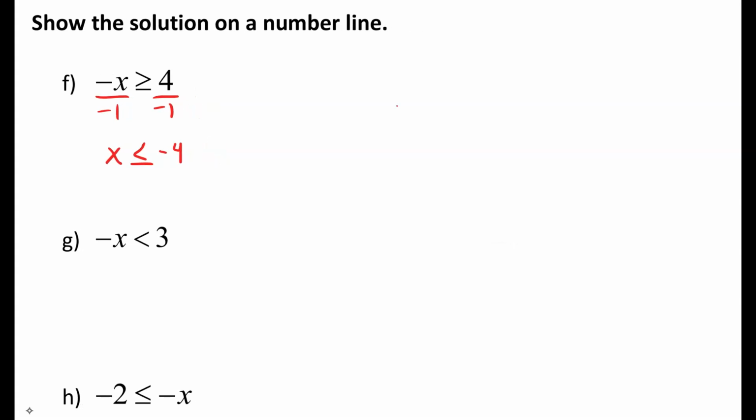I'm going to do a rough sketch of just the number line, so I'm going to put a line and a dash, and I'm going to write my negative 4, which is my number that I'm working with. Next thing I'm going to think about is, is there going to be a closed dot or an open? So is it going to be filled in or left open? Well, I can be equal to this number, so I'm going to fill in that dot.